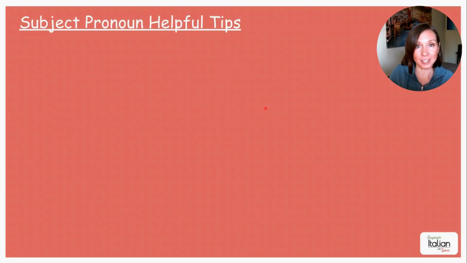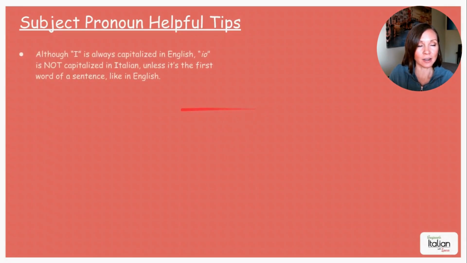Subject pronoun helpful tips. Okay, so I have a few helpful tips here. The first one is, although I is always capitalized in English, io is not capitalized in Italian unless it's the first word of a sentence, just like in English. For example, I have a book.